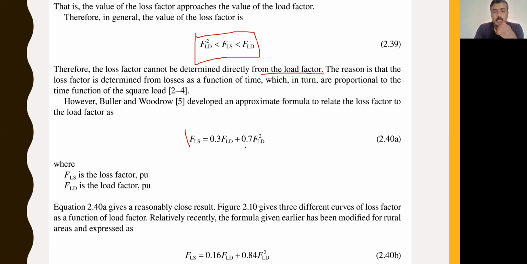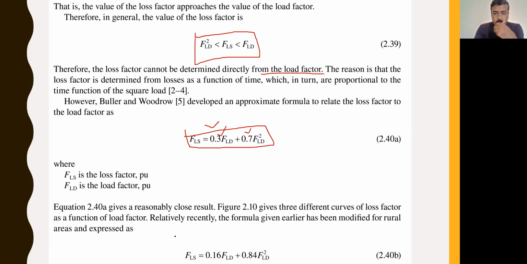And finally, we are able to see the relation between these two, which has been observed by some mathematical calculations: loss factor equals 0.3 times the load factor plus 0.7 times the square of the load factor. So that is 30% considered here and 70% considered here. Altogether, the loss factor is expressed in per unit values.